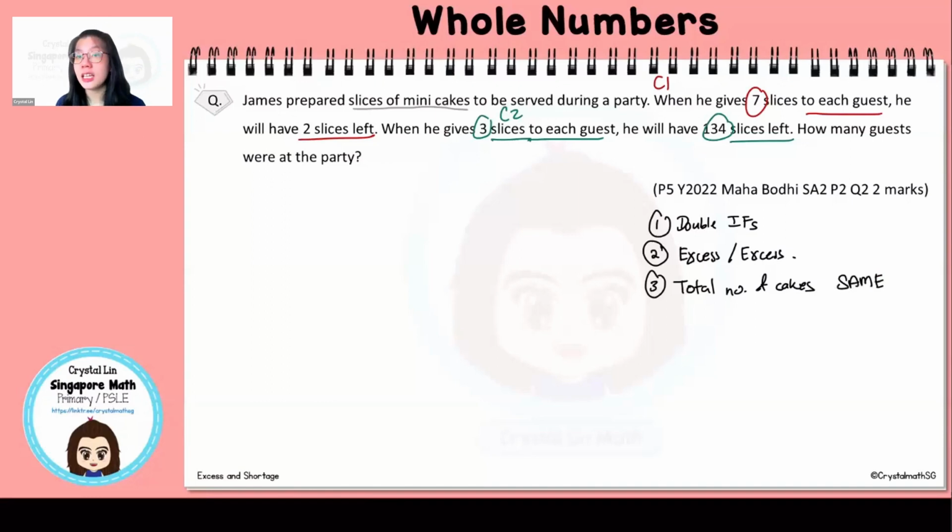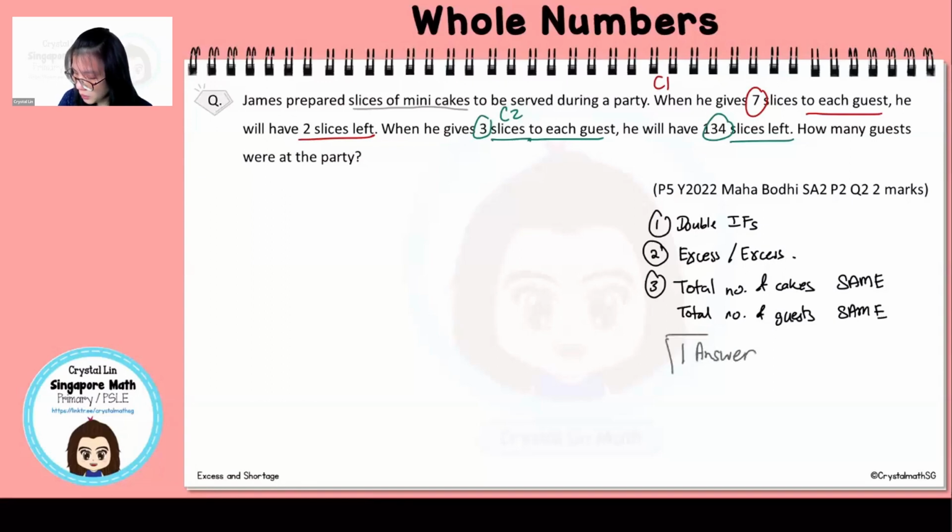And based on the last sentence, it also tells you that the total number of guests is the same. When the total number of cakes and total number of guests is the same, there is only one answer. So this tells you that there's only one answer.